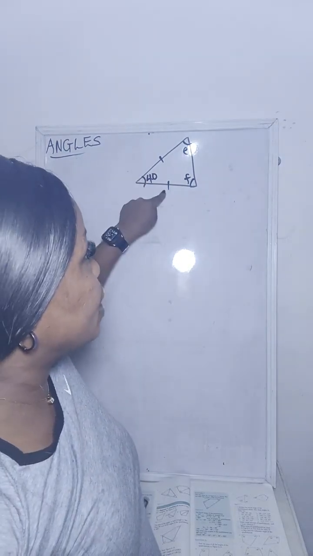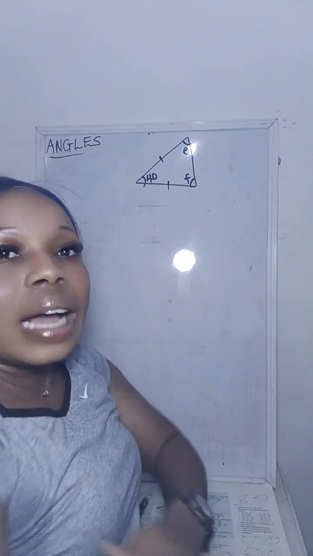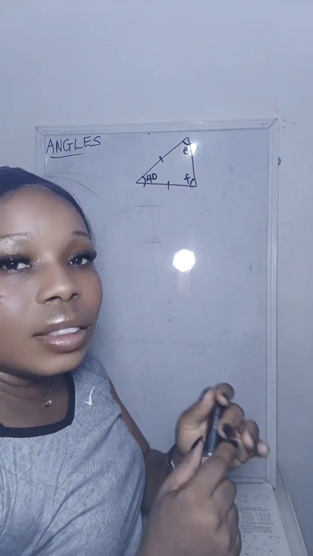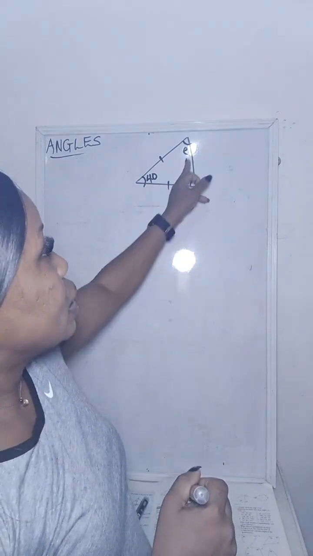And if these two sides are equal, this is called an isosceles triangle. Isosceles triangles are triangles whose base angles are equal.